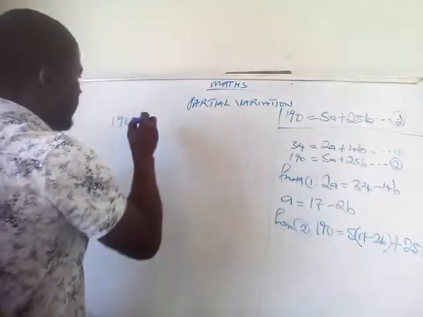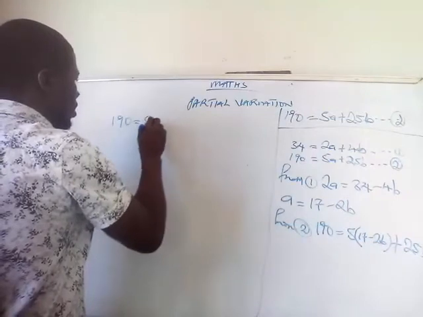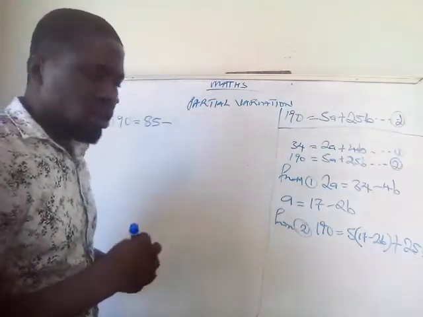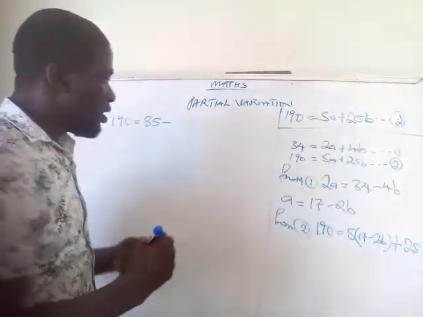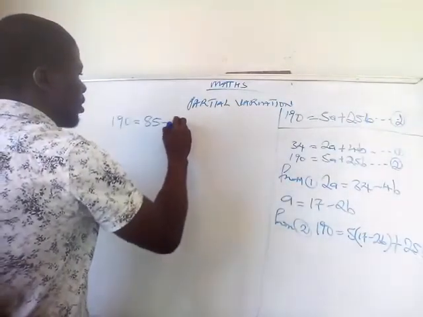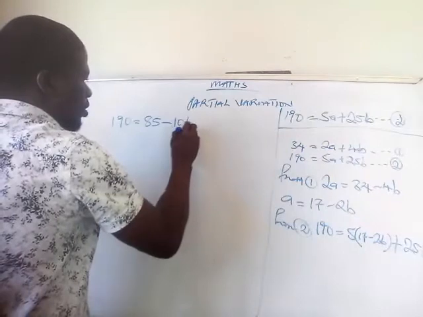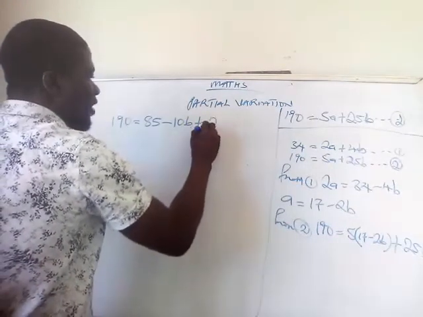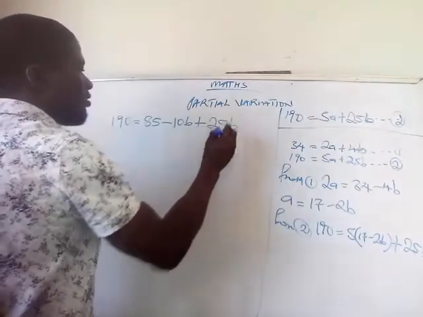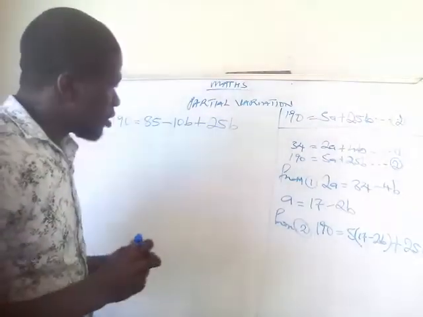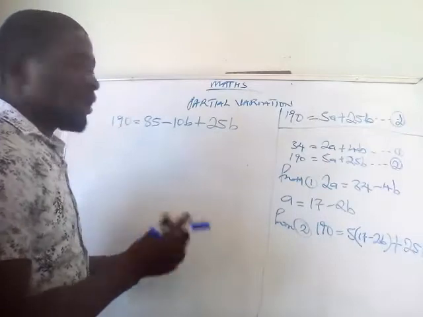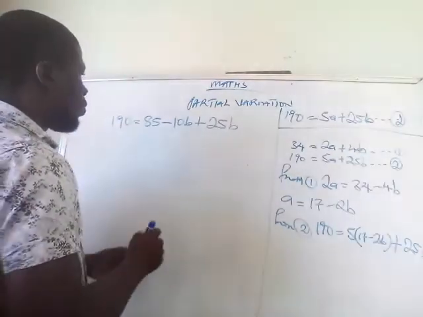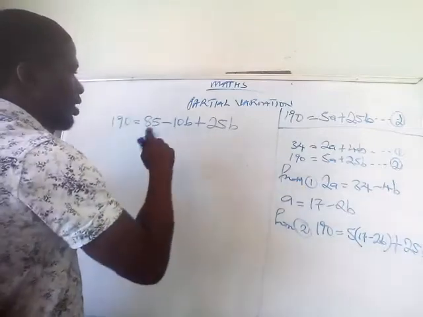You have 85 minus 5 times 2B, which will give us 10B, minus 10B, plus 25B. So we collect like terms.